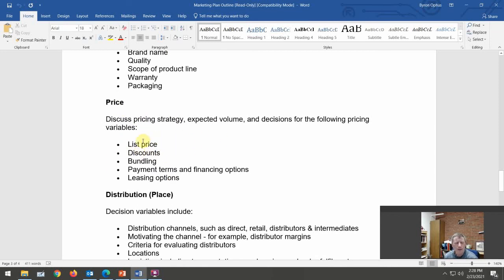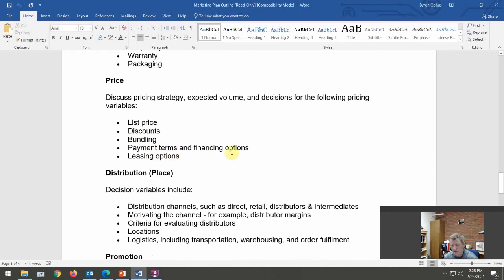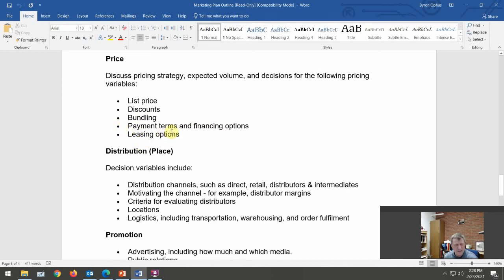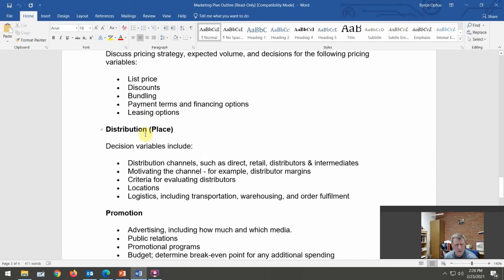List price, discounts if you're going to have them, the bundling like I just talked about, payment terms, financing options. For some of you that may be in bigger types of industries, take a look at your accounts receivable that you did on your financials. Leasing options, I don't know that any of you had any of those, right?